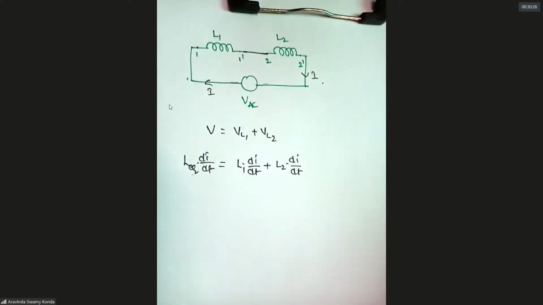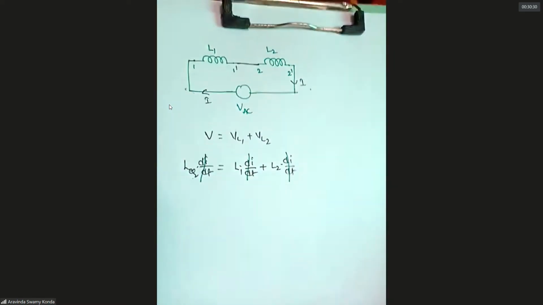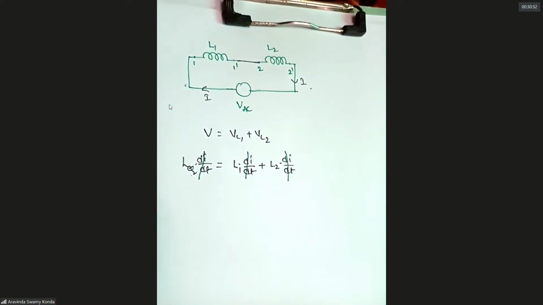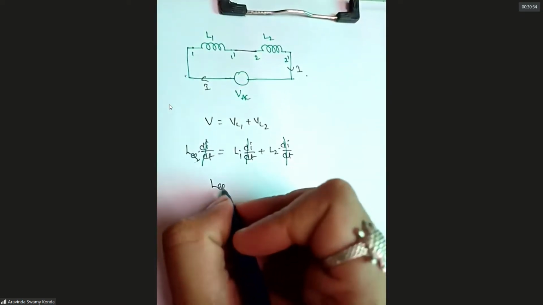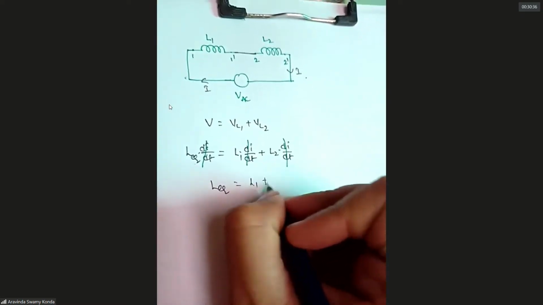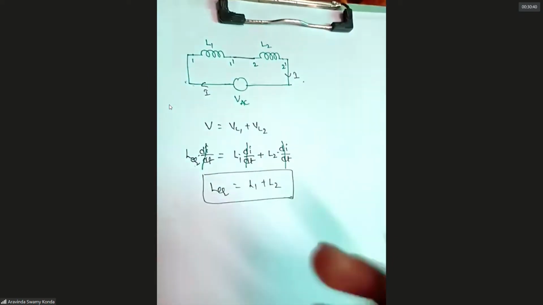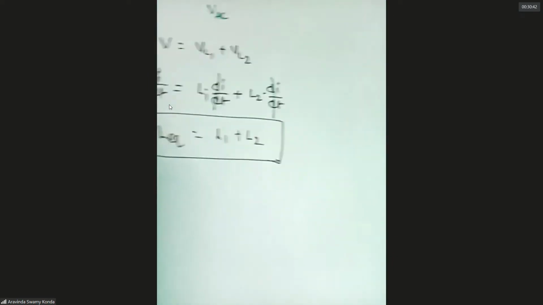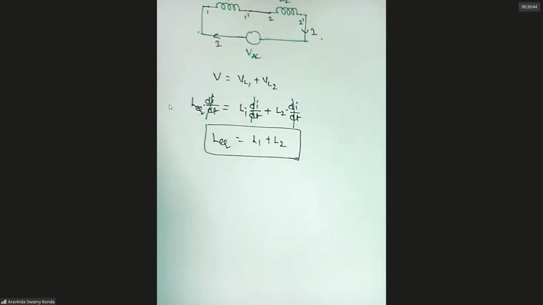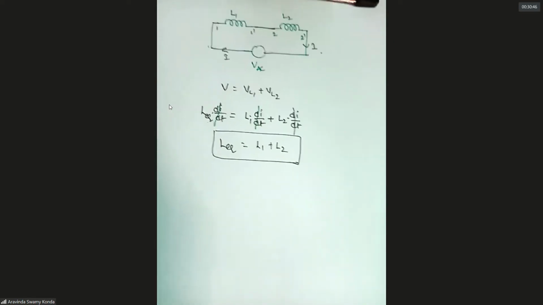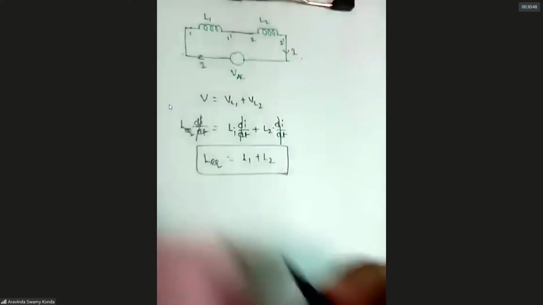So on both sides di by dt gets cancelled. Then L equivalent equals L1 plus L2. Yes or no? Yes, sir. Next, capacitors.